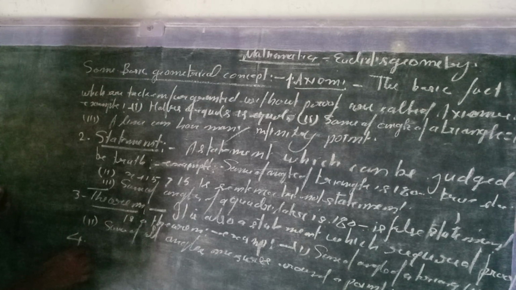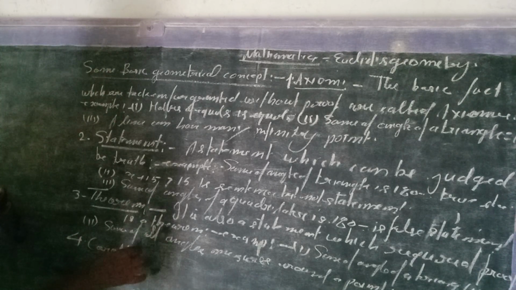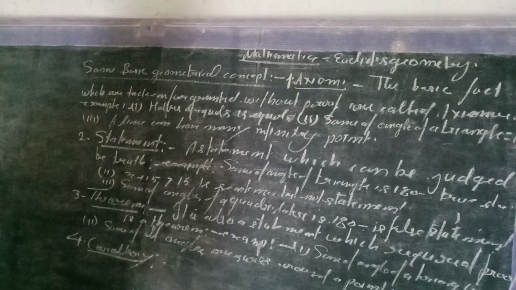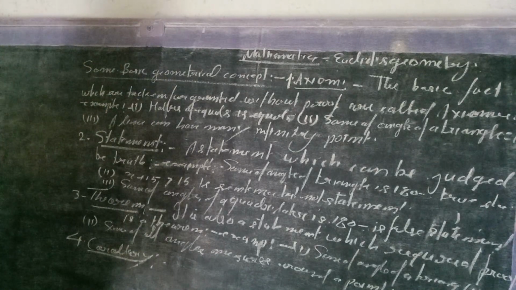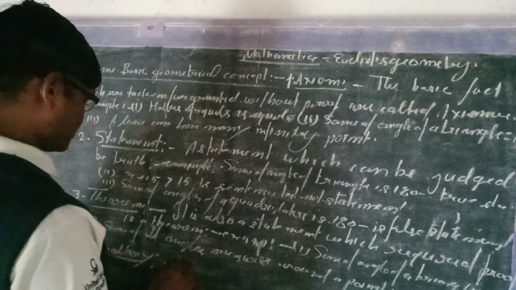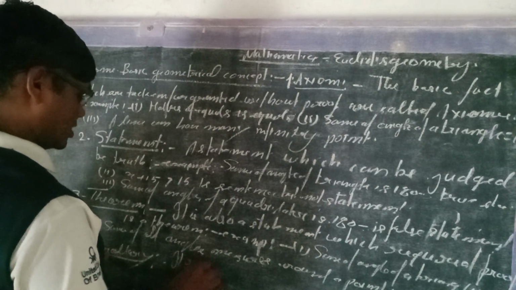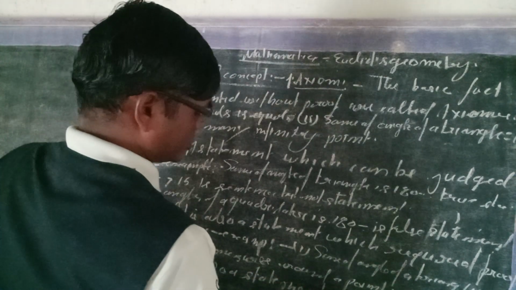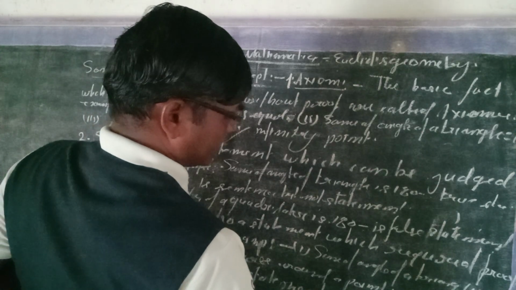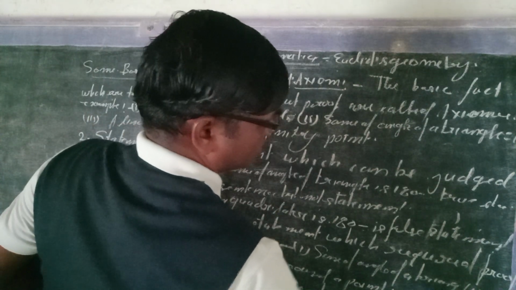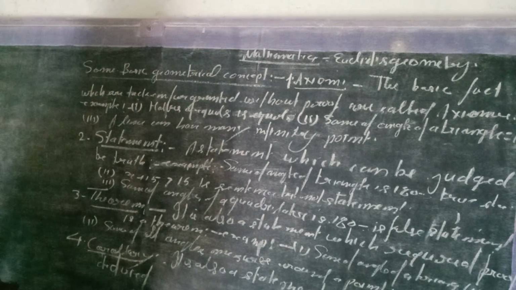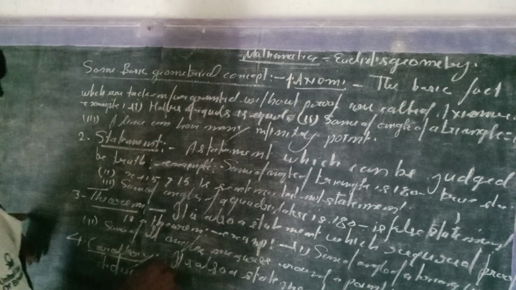The fourth point is the corollary. What is a corollary? A corollary is also a statement which can easily be deduced from a theorem.